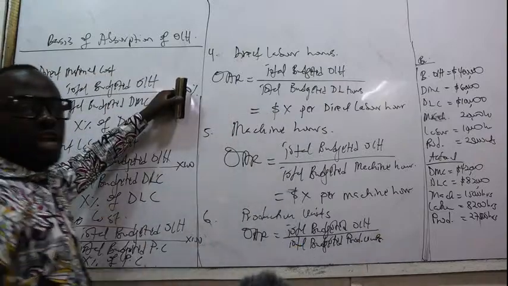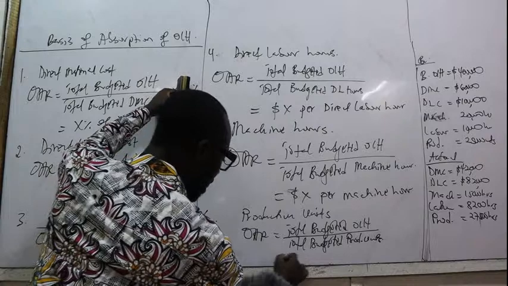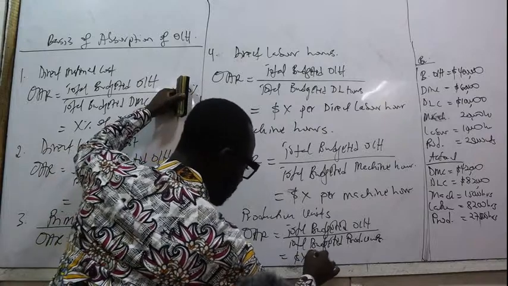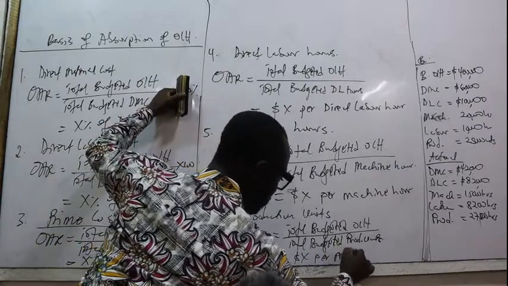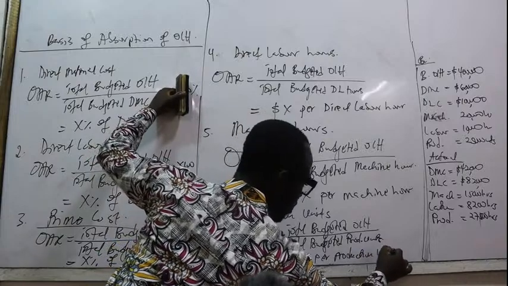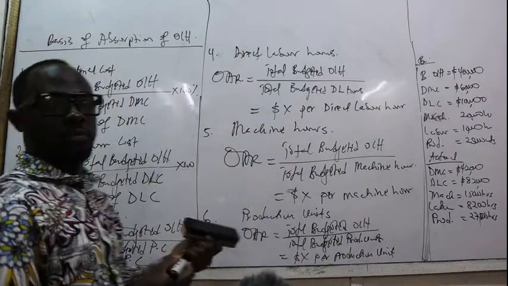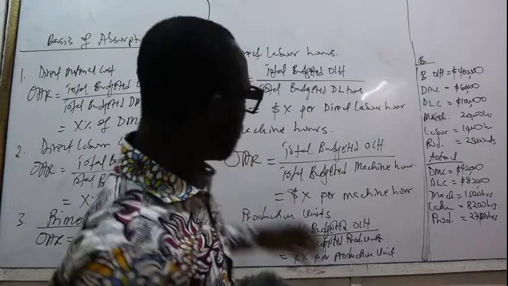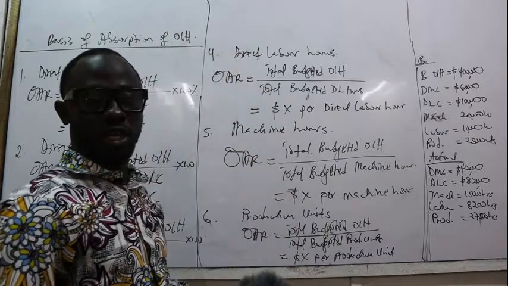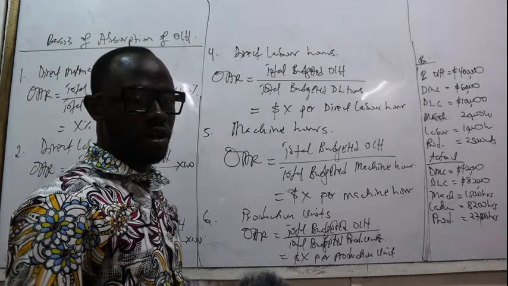Okay? So in this case, our answer will become X dollars per production unit. So that is how we compute the overhead absorption rate for the production unit.